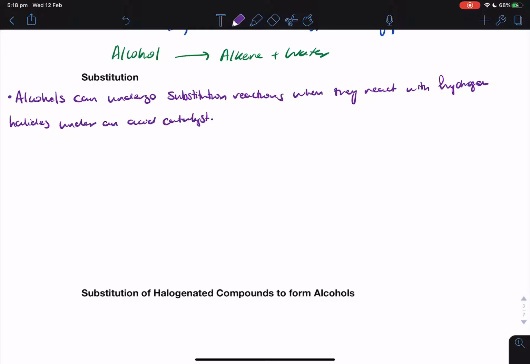Easy enough. That's basically what we've done so far. You don't actually know how this works yet, but you will. And we just write removal of OH replaced by halide. If you forgot, an alcohol has a hydroxyl group, so please don't forget that.